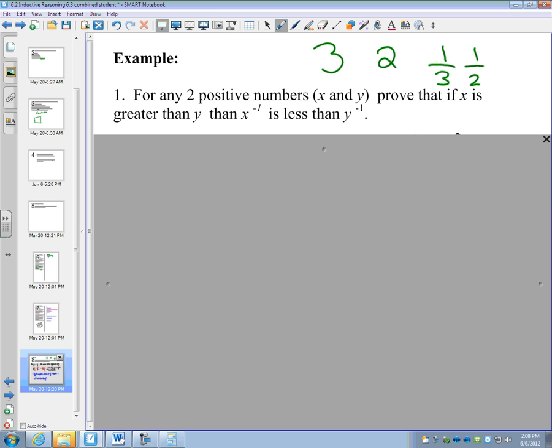That's basically what I'm trying to show. But I'm proving it using mathematical facts, not by patterns. Patterns would be doing a bunch of different examples and then saying, oh, it must be true, and that would be inductive. We're using deductive. We're using strong, hard math facts.